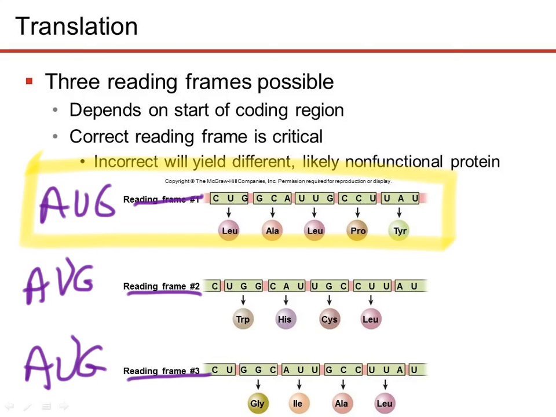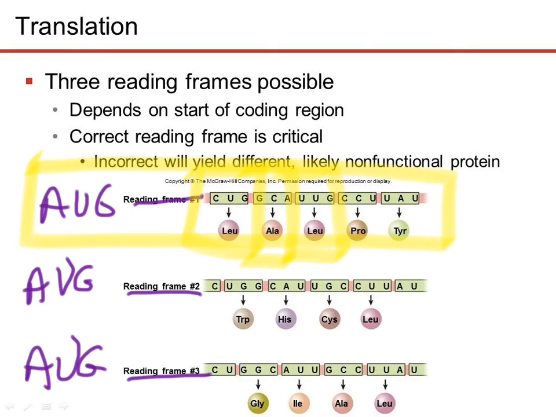And then when we get to this region, the first codon, CUG, codes for leucine. The next codon, GCA, codes for alanine, and so on down the list. So we've got leucine, alanine, leucine, proline, and threonine down that particular polypeptide that's going to be synthesized.